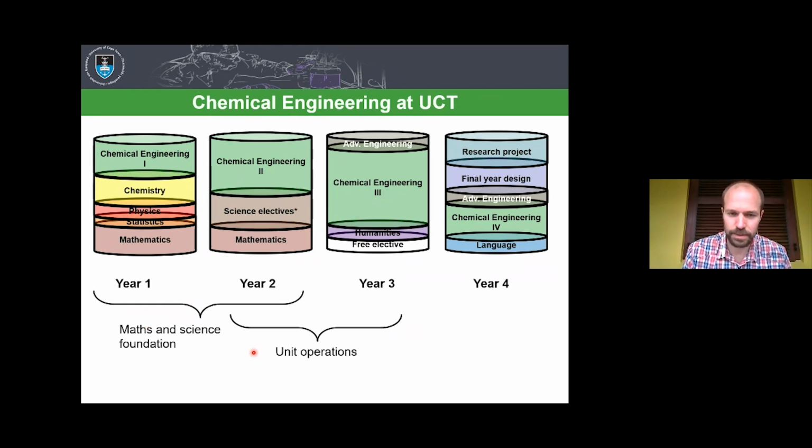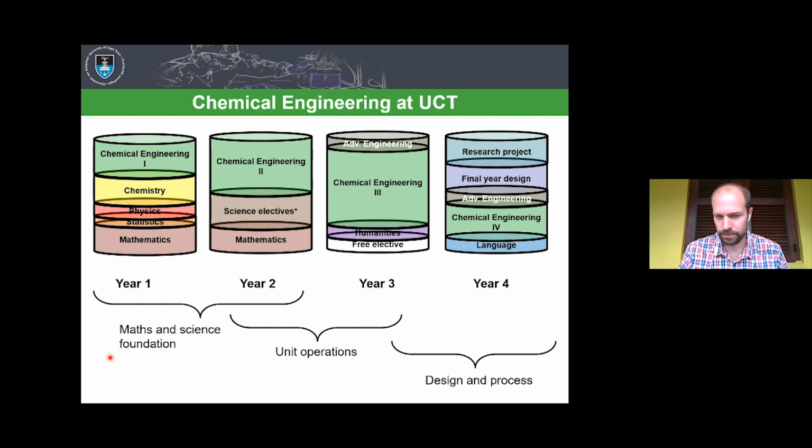Then you know how to pump things, how to heat things up, how to mix them. And so that's a big focus in second and third year. And then once we move to the second half of third year and final year, we take all those unit operations and put them together just like a puzzle or a big set of playing blocks into an actual full process or a full plant.